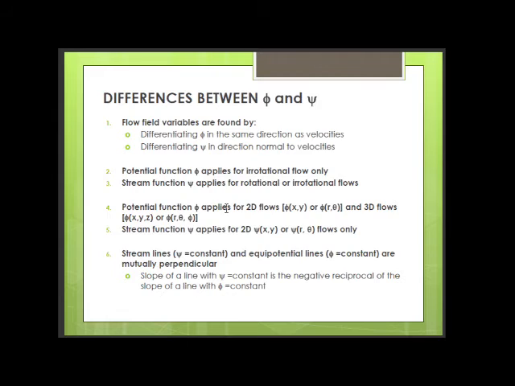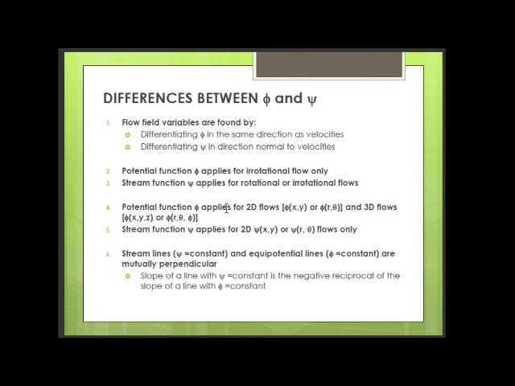Then the next difference is about streamlines and equipotential lines. Streamlines mean ψ is equal to constant, and equipotential lines mean φ is equal to constant; they are mutually perpendicular.